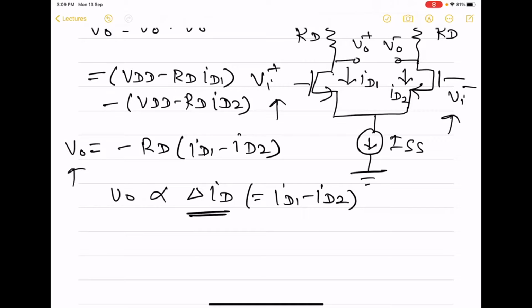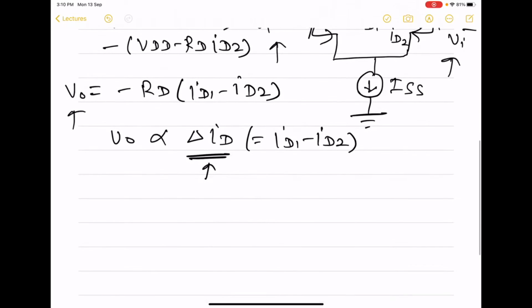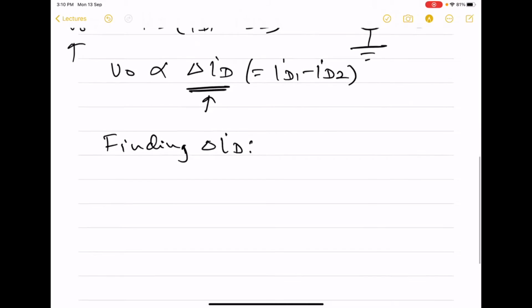We know that for mixing, we fundamentally need to multiply two entities, and those two entities are the cosine sinusoidal voltages. So now let us see that indeed this difference current is going to be a product of two quantities under suitable conditions. We'll talk about the condition later on. So our objective is finding the difference of drain current.